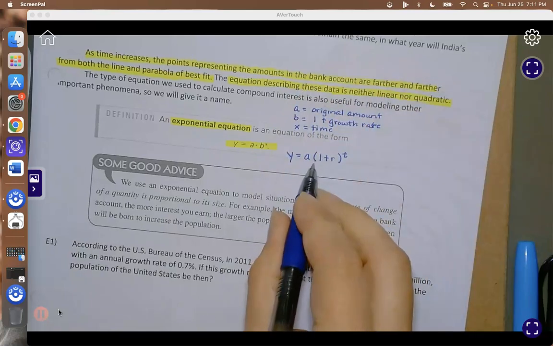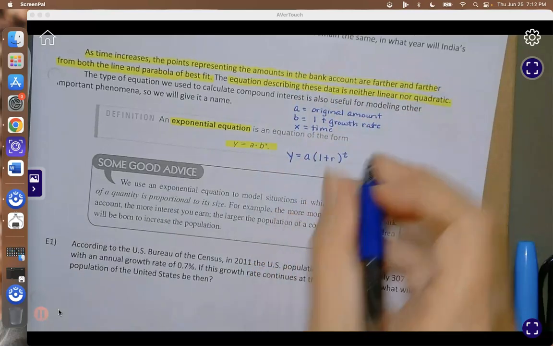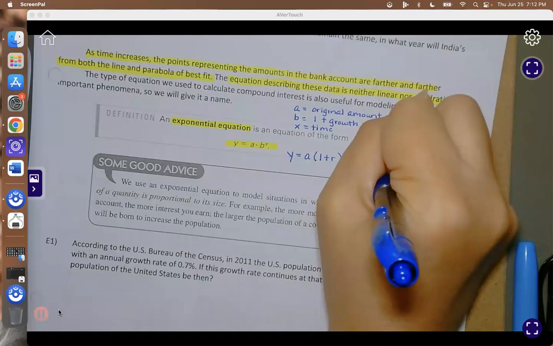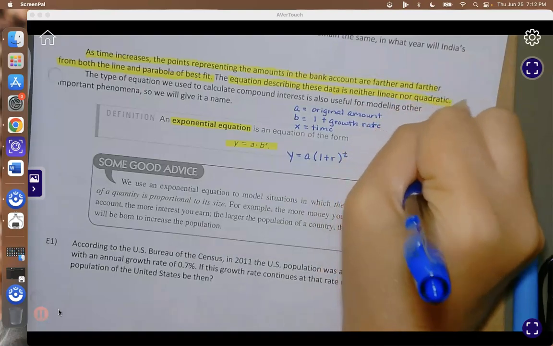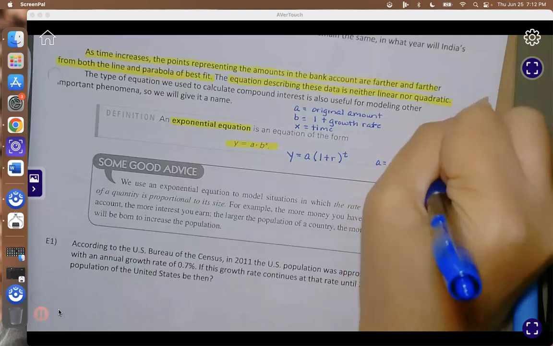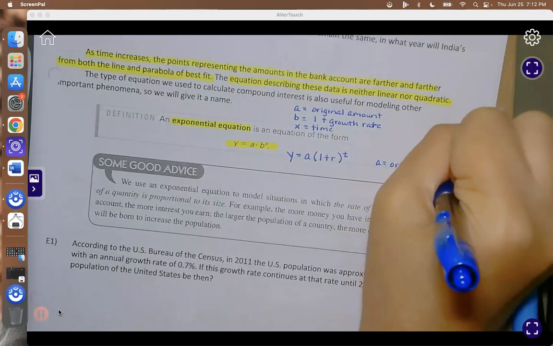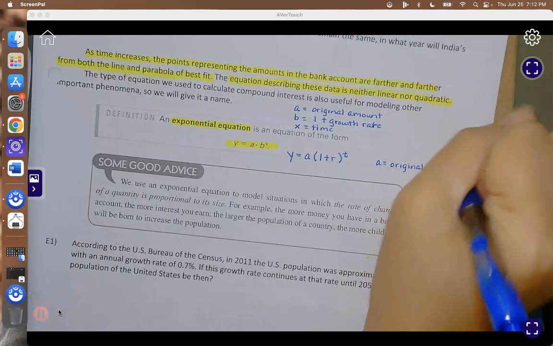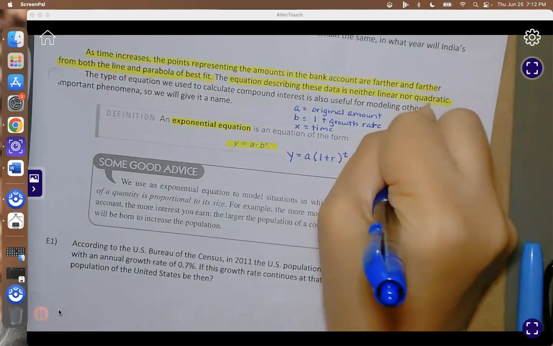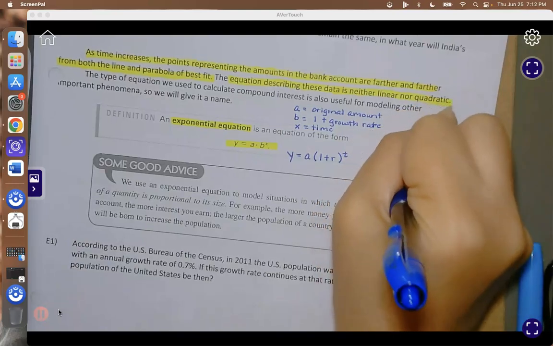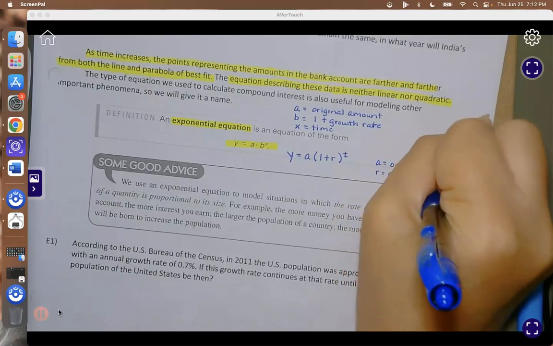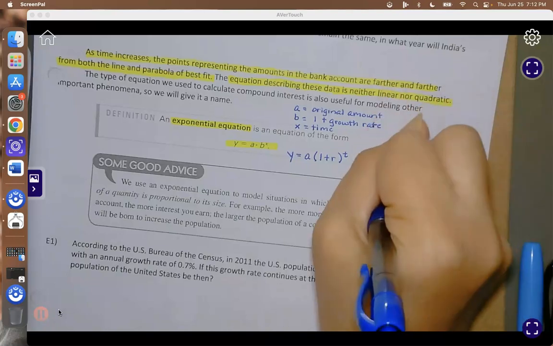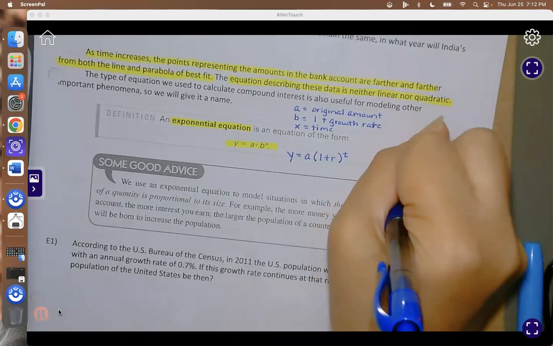But if you use this formula, which I like better, your A is your original amount, your R is the growth rate, and your t is your time.